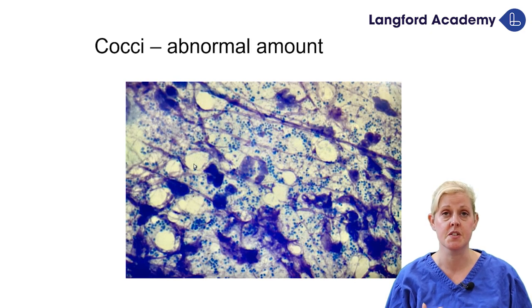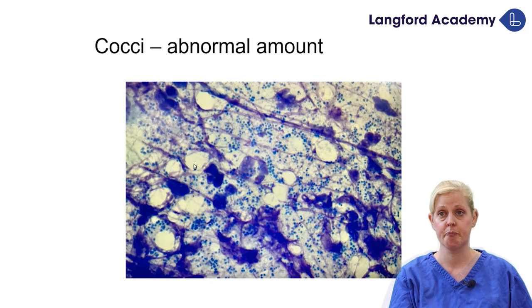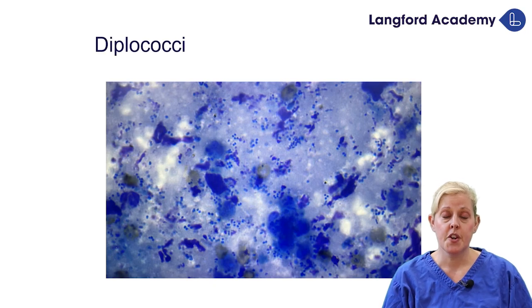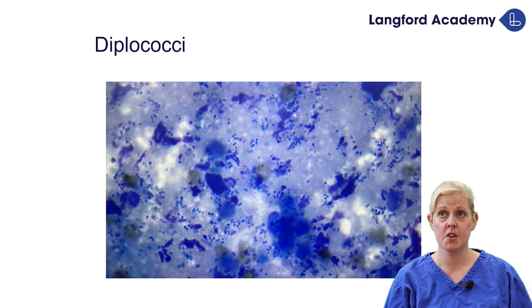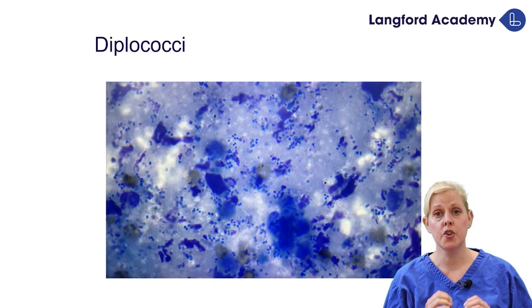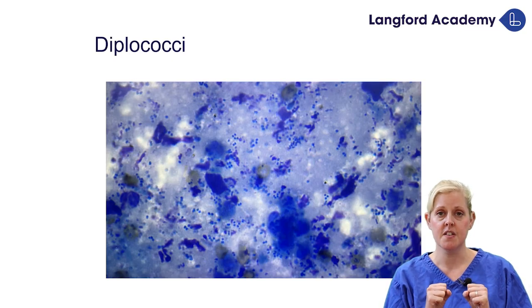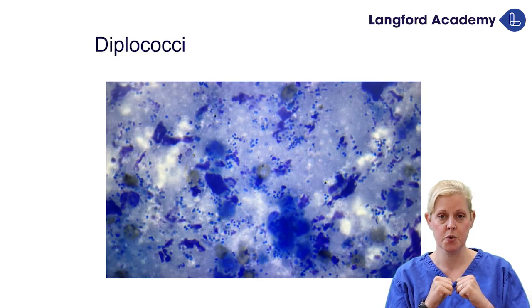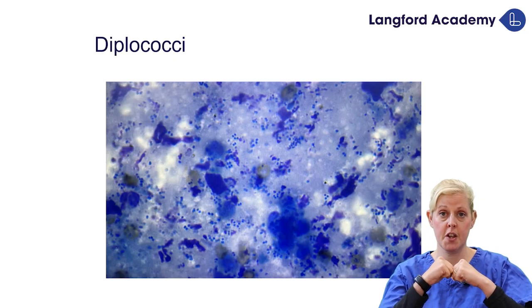I just wanted to present the difference between normal and abnormal. So this is a slide with diplococci. This is another ear. Diplococci is where two bacteria are paired up together. They do look very similar to cocci. They're usually slightly bigger. They're very dense, compact, small dots, and they're paired up.